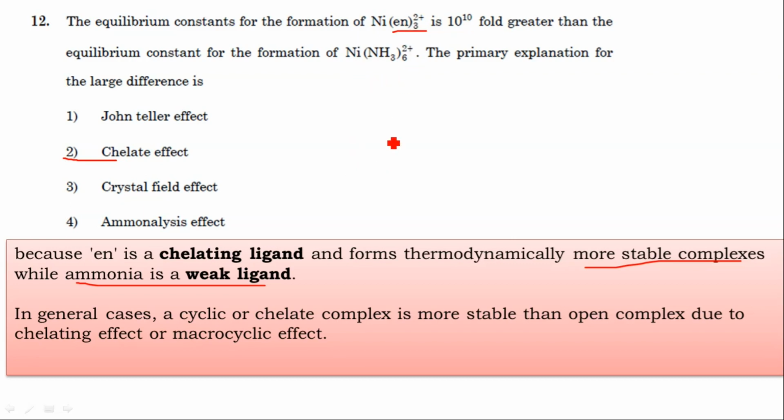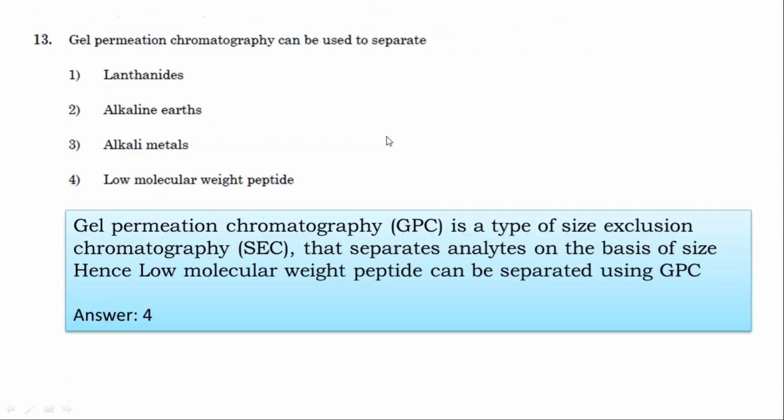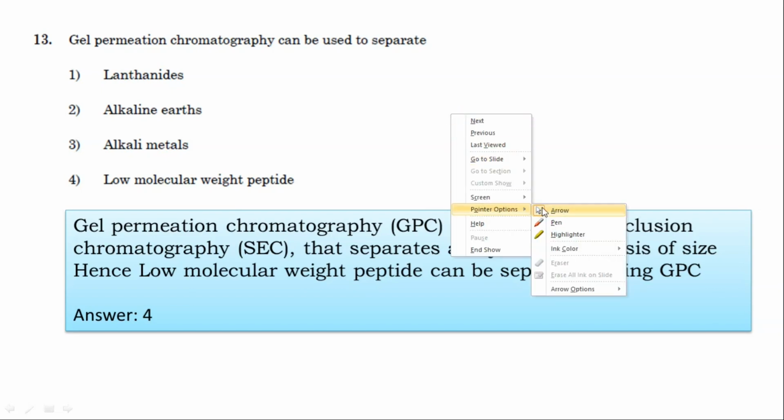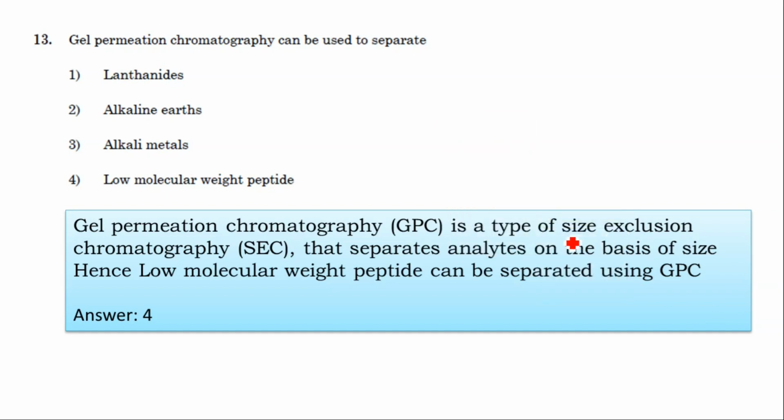Next question, 13. Gel permeation chromatography can be used to separate lanthanides, alkali earths, alkali metals, low molecular weight peptides. Here, gel permeation chromatography is a type of size exclusion chromatography.